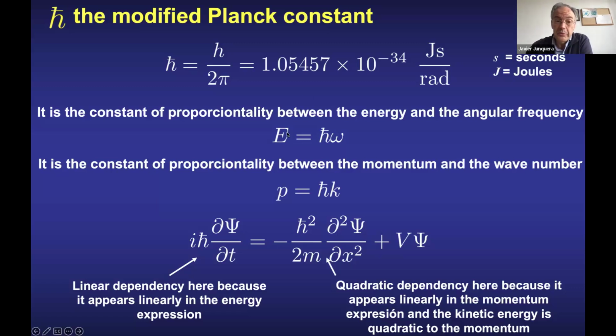They were just trying to relate the energy with the kinetic energy. The kinetic energy is the square of the momentum divided by twice the mass, plus the potential. From this connection between energy and momentum squared divided by twice the mass plus the potential, you can get a flavor of the origin of the Schrödinger equation.